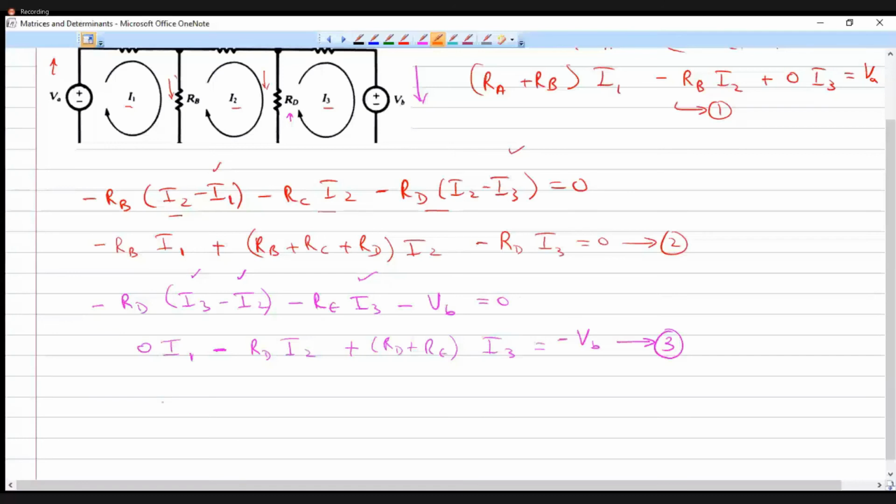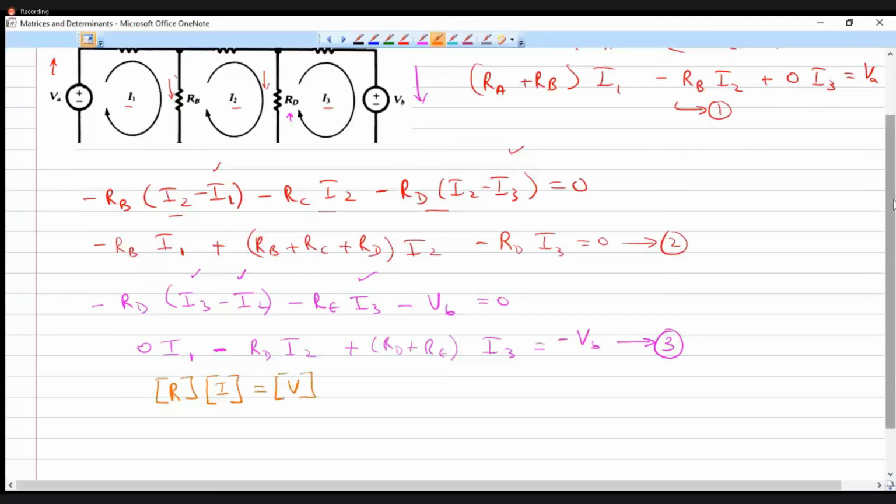First of all, we know that I can write this in the form matrix R into matrix I is equal to the V matrix.